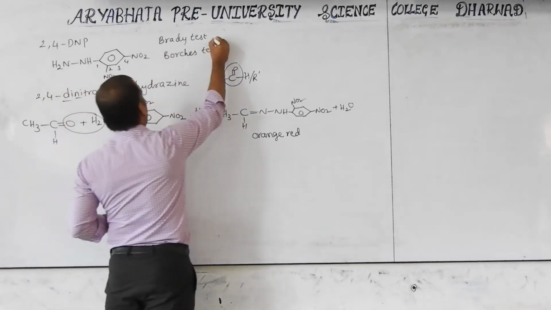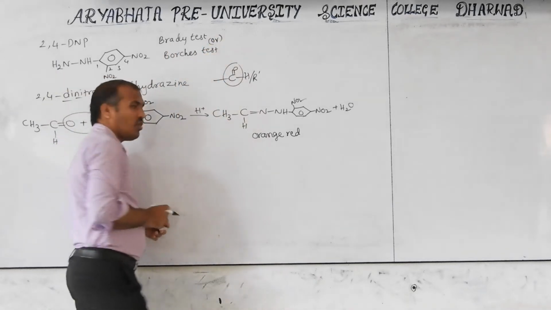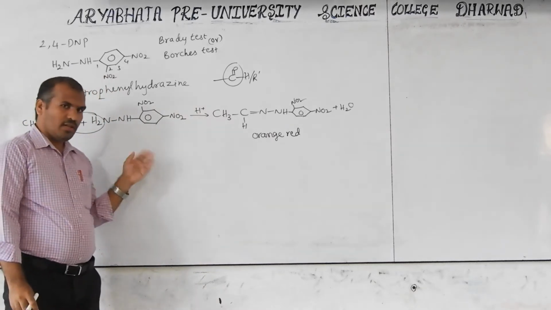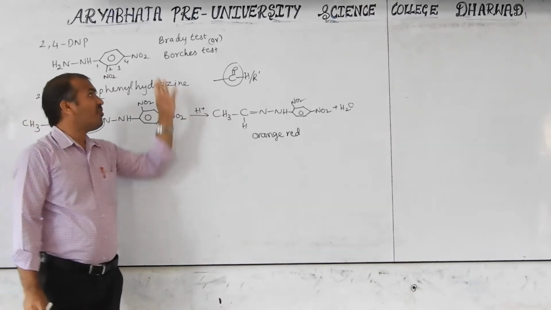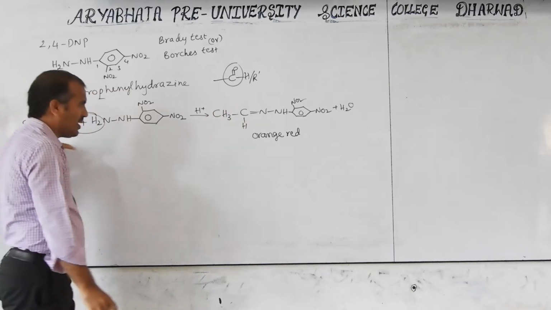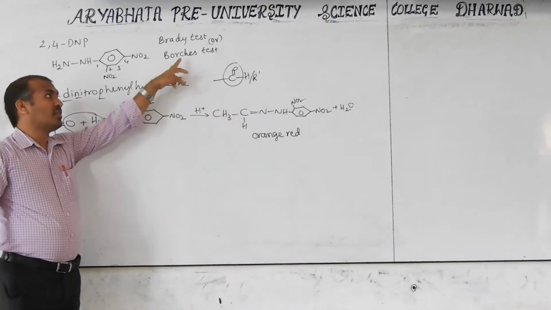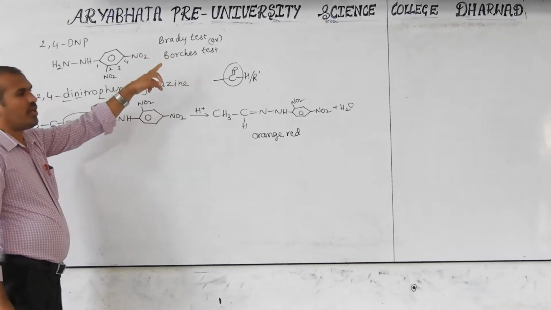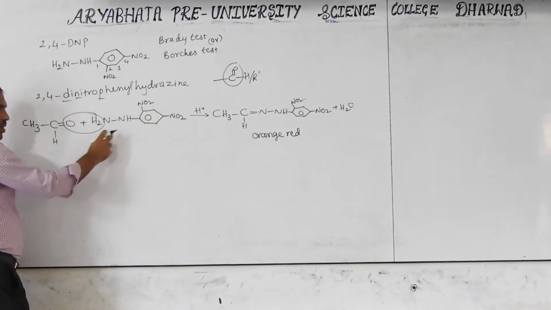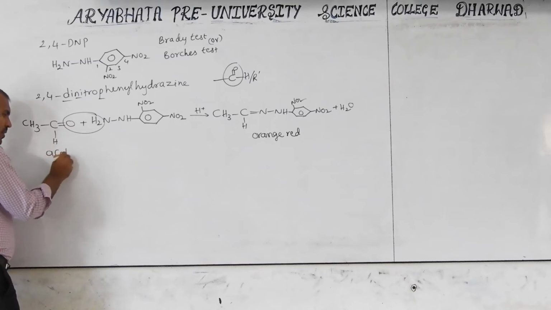This name is useful only for competitive exams. Otherwise, sometimes they may ask in PUC practical exam, as a viva question: what is the test name? At PUC level, only this reaction may be asked. This name is useful for competitive exams and also for viva questions. This is acetaldehyde.